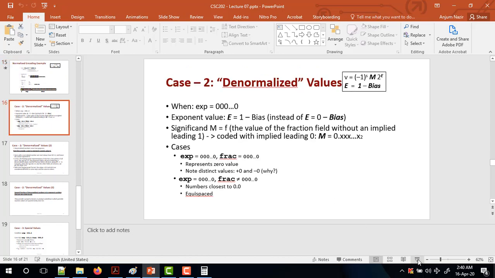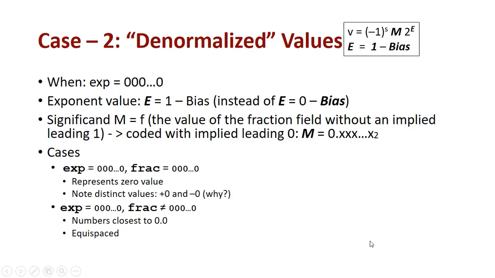Okay, the second case of the floating point format IEEE 854 is the denormalized form. Denormalized form is when all the exponent bits are 0, and this form is used for two particular purposes.